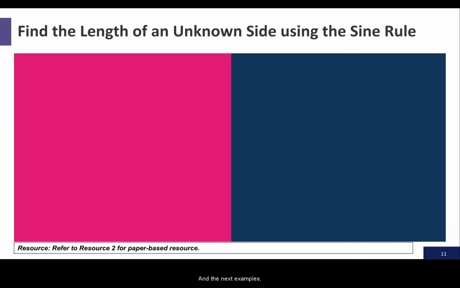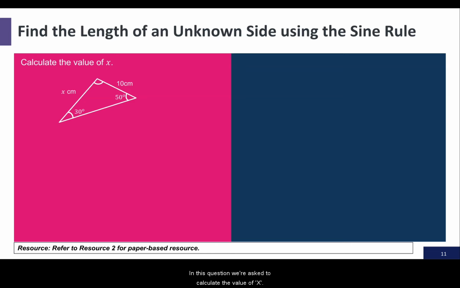In the next examples, we're going to try and find the length of an unknown side using the sine rule. In this question, we're asked to calculate the value of x. So the first thing I'm going to do is label each side. Here we go.